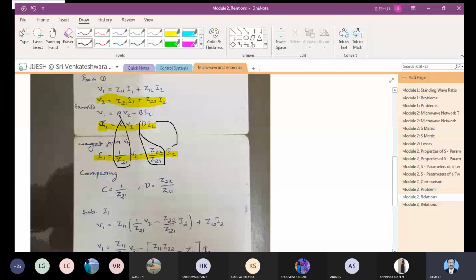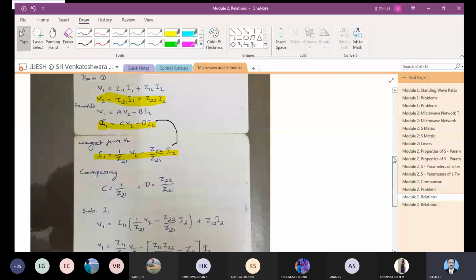Then we move on to substituting I1. You substitute the equation for I1 here, or you can say substituting equation number 4. This is my equation 1, this is my equation 2, 3 and 4, and this I can put as 5.